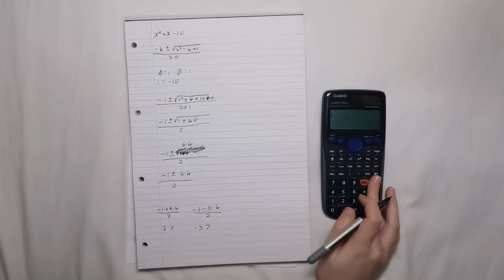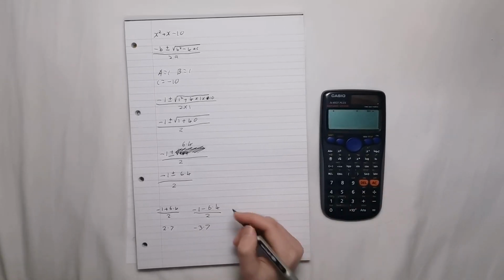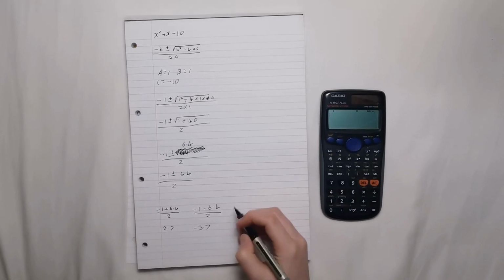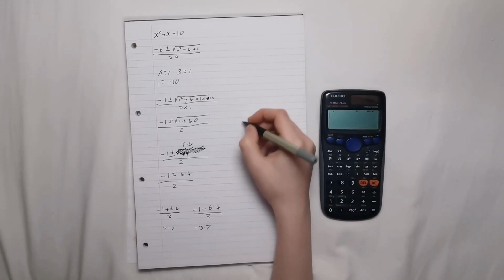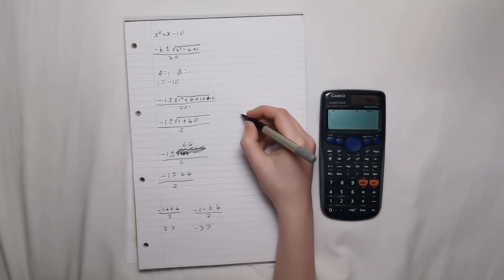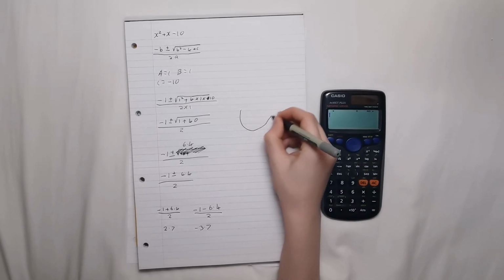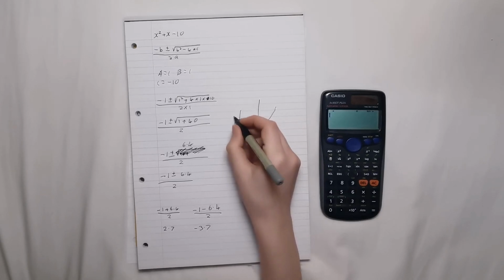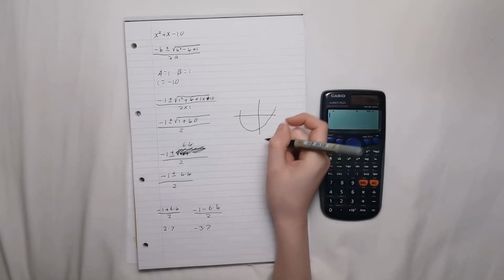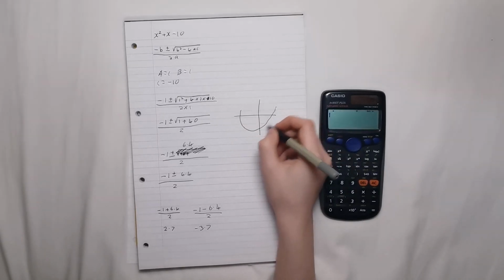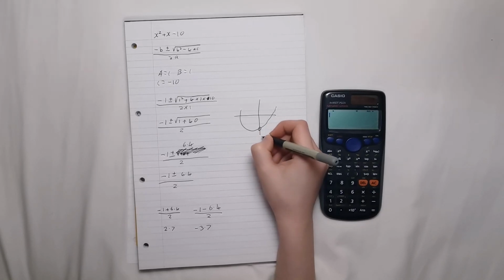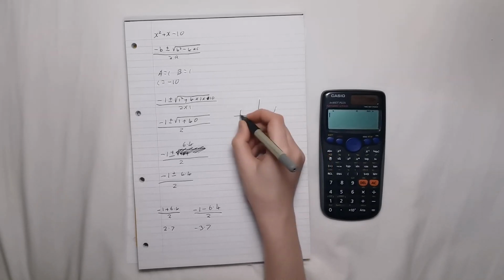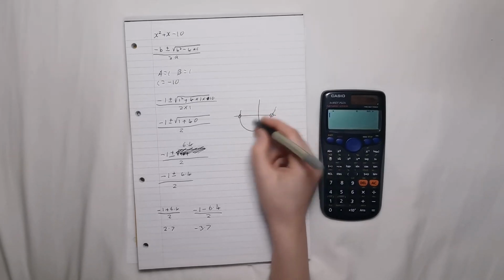There we go, those are the two roots. These are both on the x-axis because y equals 0. So the two roots we've got will be something like this. This is the y-axis, and that's the x-axis. So that means this is the intersection point, and then these are the roots.